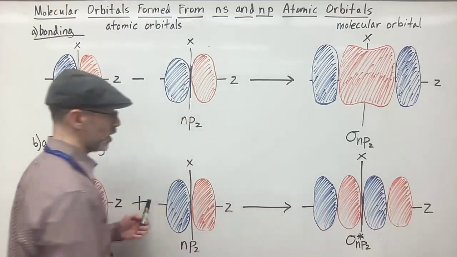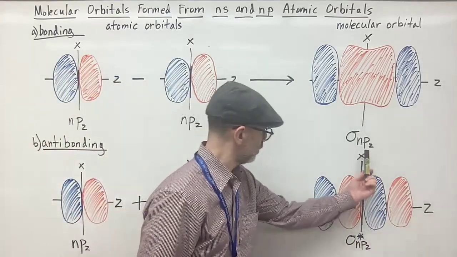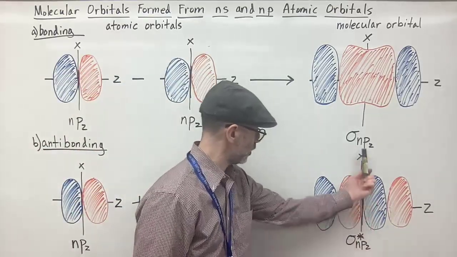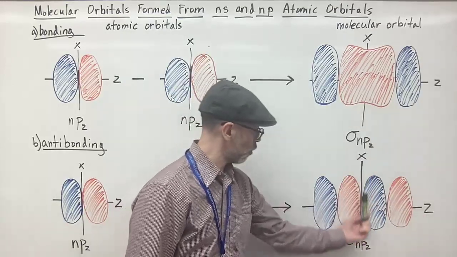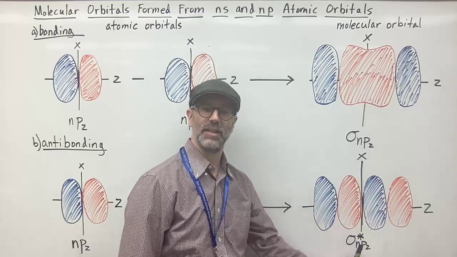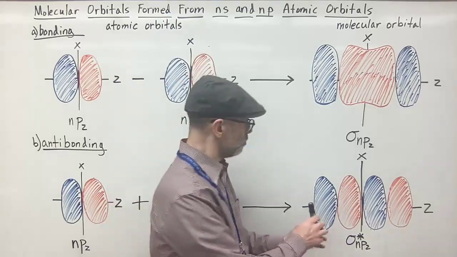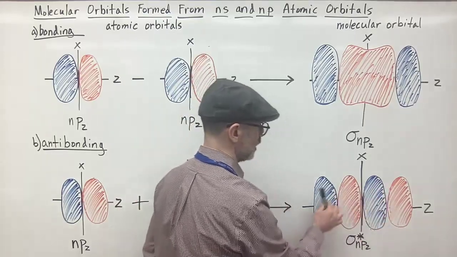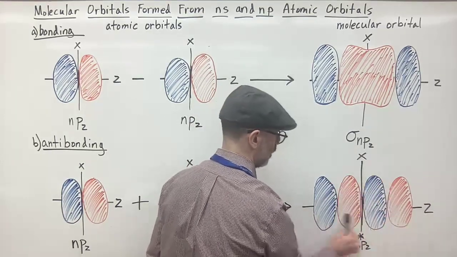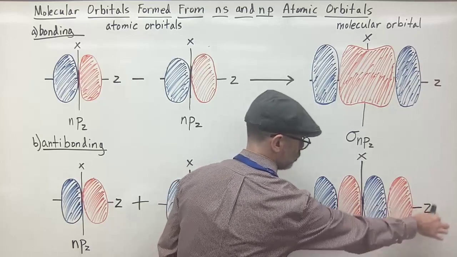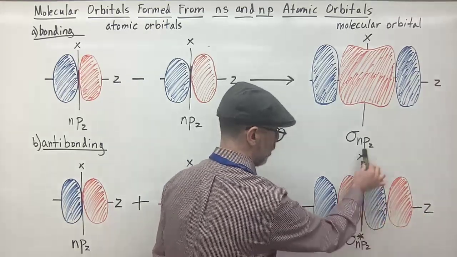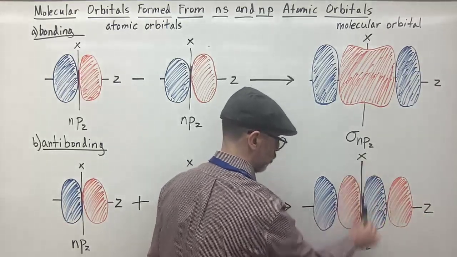And so there you get this planar node here, this node along the plane where there is zero probability of finding the electron. Again, it's going to be sigma because the electron density is along the internuclear axis, which is the z-axis, but you have this planar node here.